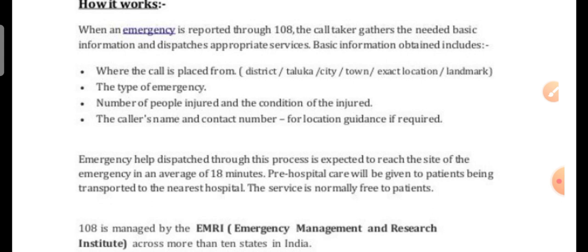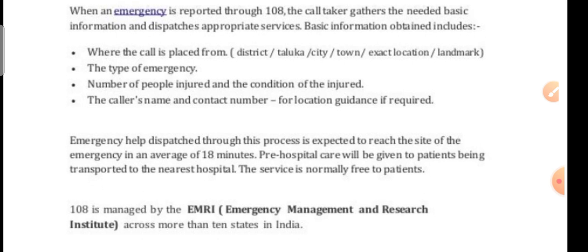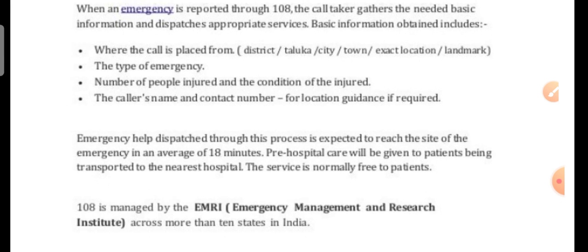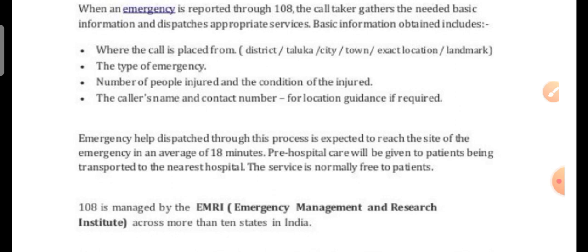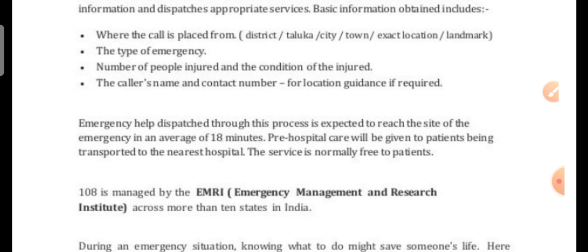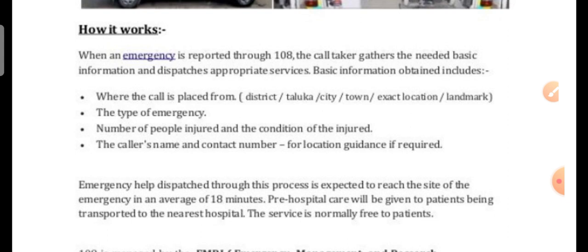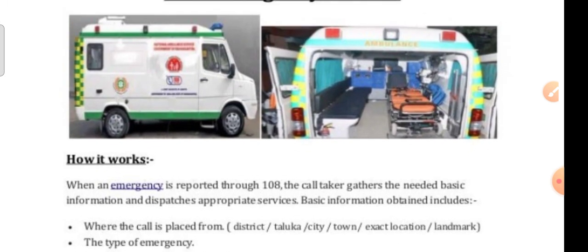Basic information obtained includes whether the call is placed from a district, a taluk, or a city, the exact location or landmark, the type of emergency, the number of people injured, the condition of the injured, and the caller's name and contact number for location guidance.